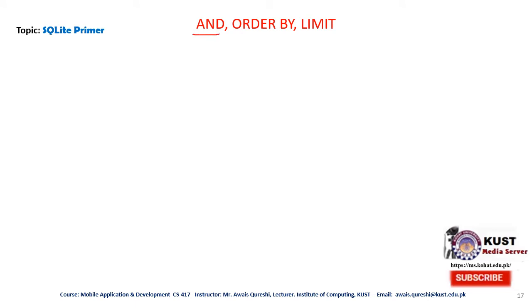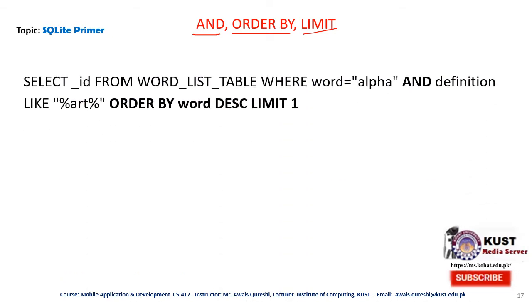What are the options called and, order by and limit? Here you can see an SQL query where we are returning the ID column from this table, where the condition is word is equal to alpha, and we are joining two conditions together with and: definition like percent sign, art, percent sign, which is pattern searching.